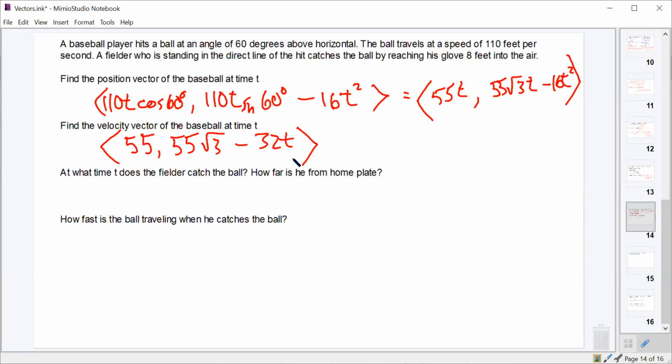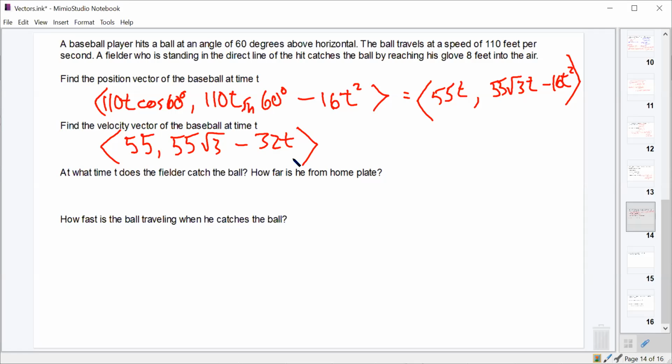All right, so next thing we want to know is at what time t does the fielder catch the ball? So what is that telling us that we need to do? What's the only thing we know about when the fielder catches the ball already before we start trying to do anything? Right, it's when the y position is equal to 8, exactly.